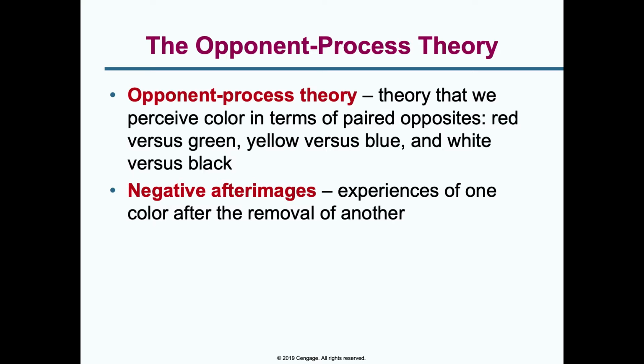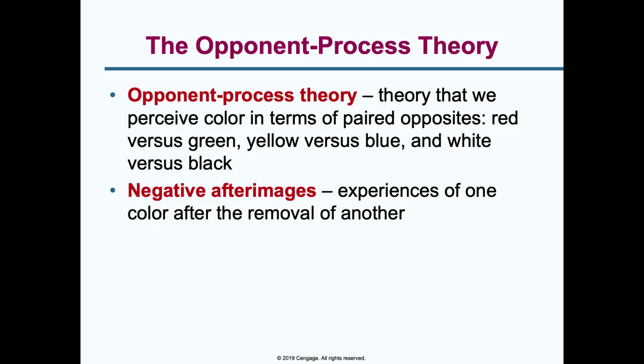If you stare at that blue McDonald's logo for a while, then look away and look at a solid white piece of paper, you're actually going to see it in yellow, because your cells that were seeing the blue became really tired of focusing on that one color. And so when you turned away, you saw the opposite.